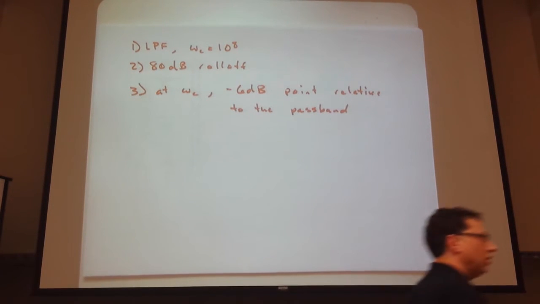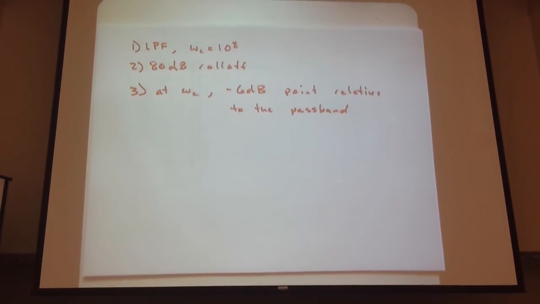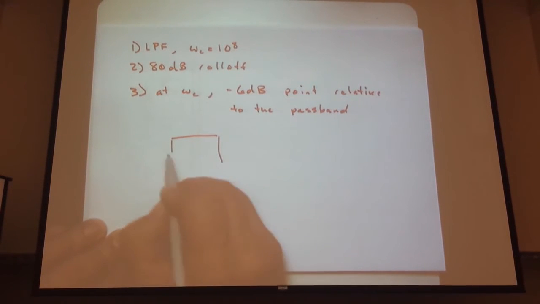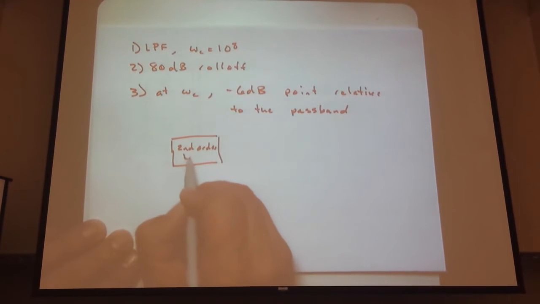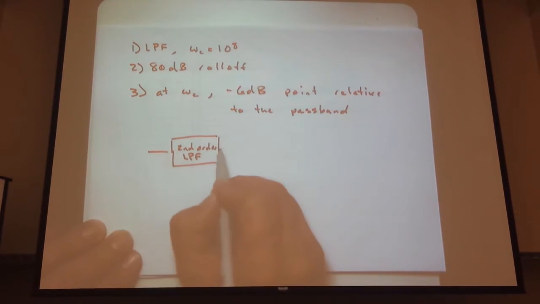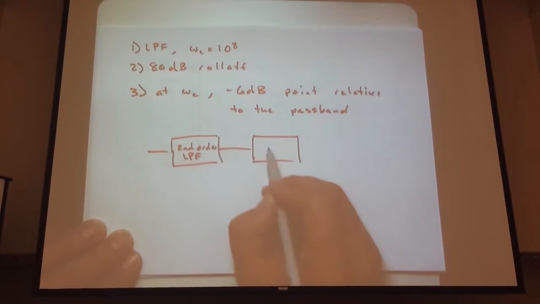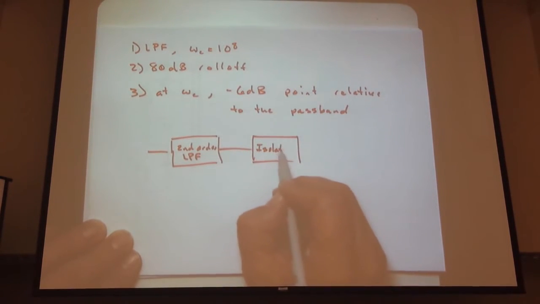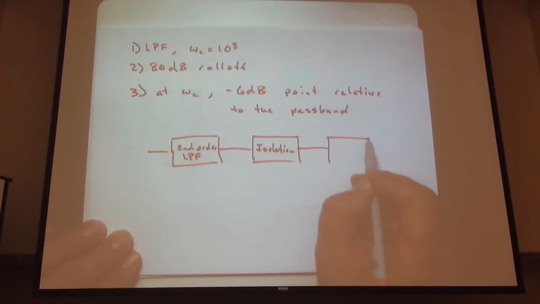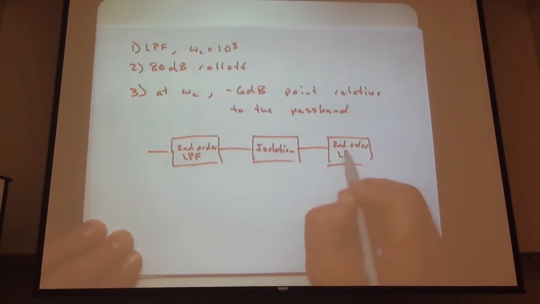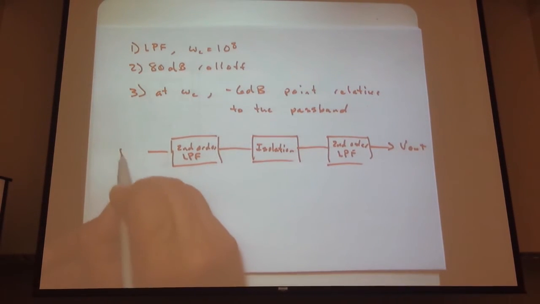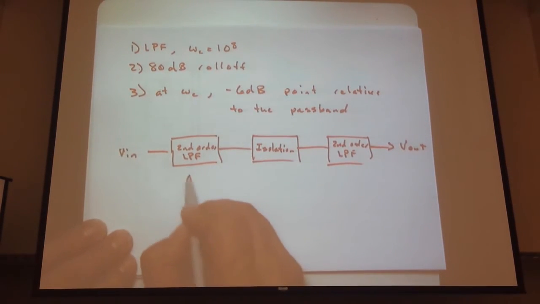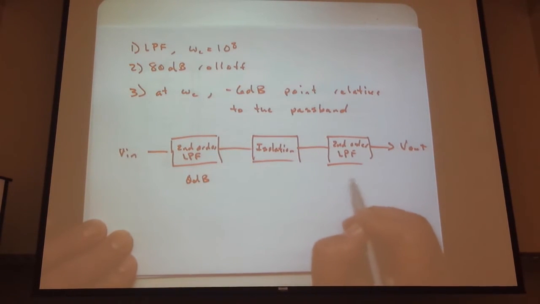So we can do 2 second order circuits. So this can be 0 dB, which makes this what?